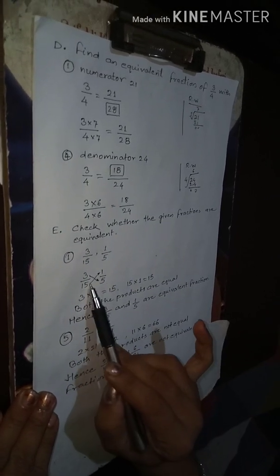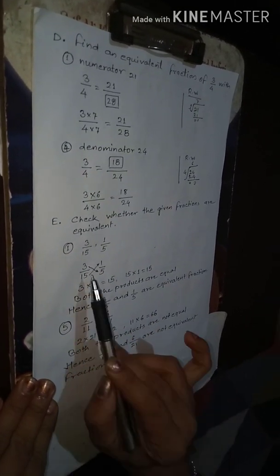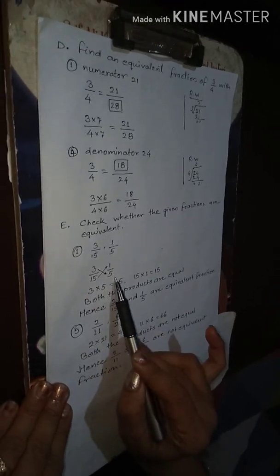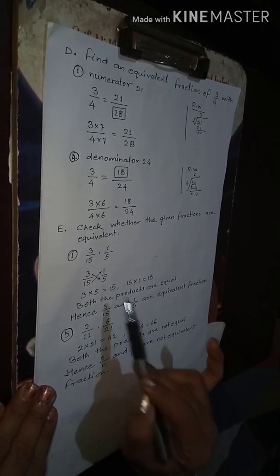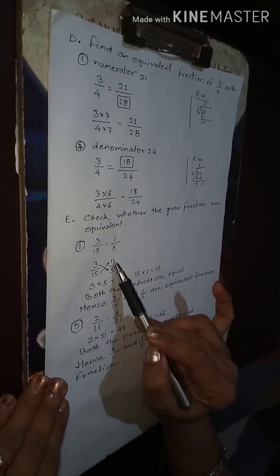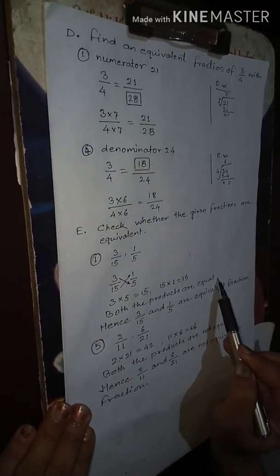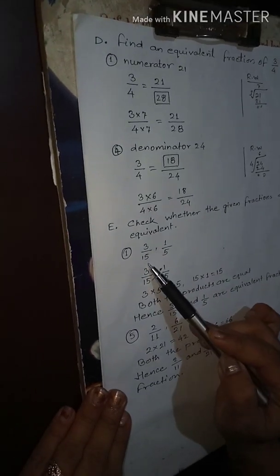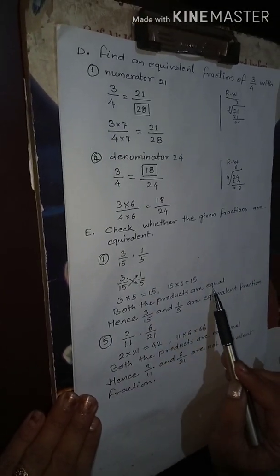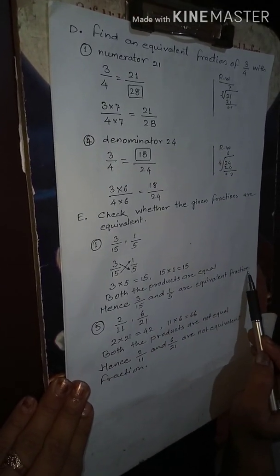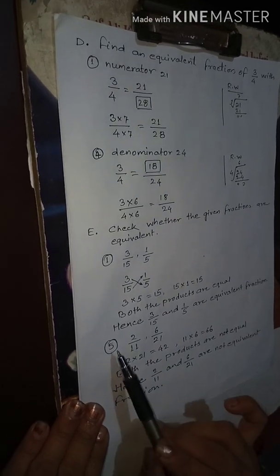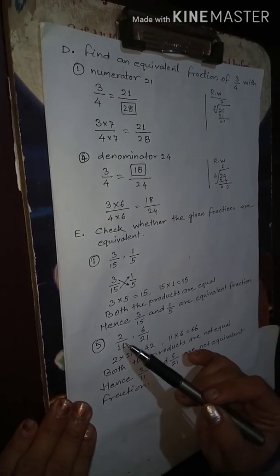So here we will apply cross multiplication. 3 multiply by 5 equal to 15 and 15 multiply by 1 equal to 15. So both the products are equal. Hence 3 by 15 and 1 by 5 are equivalent fractions. Next question number 5.